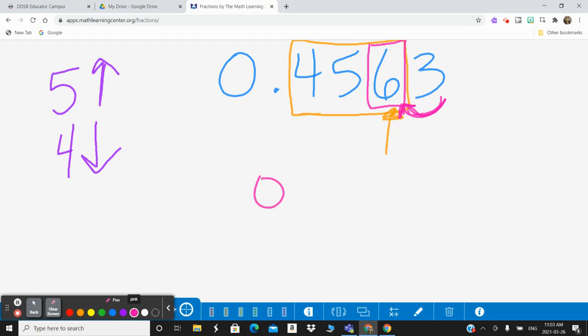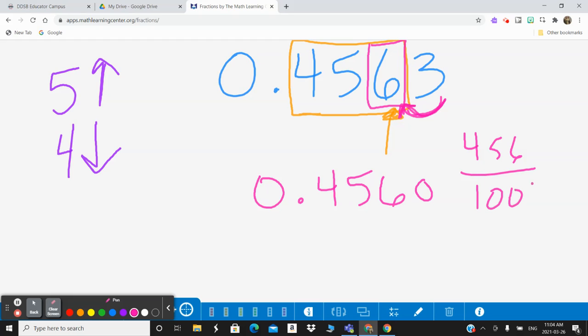So to round it, we would just leave it as the 6. We would only go 3 decimal places over. The reason we don't need to write a 0 here is 456 thousandths is equivalent to 4,560 ten thousandths.